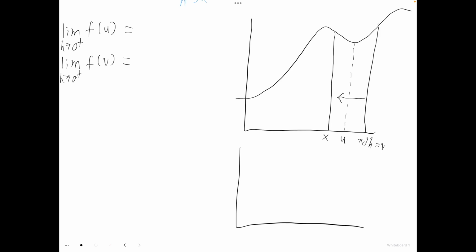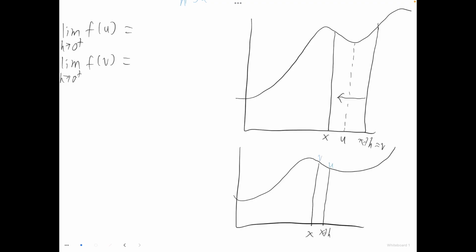So, let's see if I can draw the same thing. Now x is right here where it was before, but now I've made x plus h right here. I've made h smaller, so I've compressed things. Well, now where are u and v? In this case, v is the same as x now, and u is the same as x plus h.